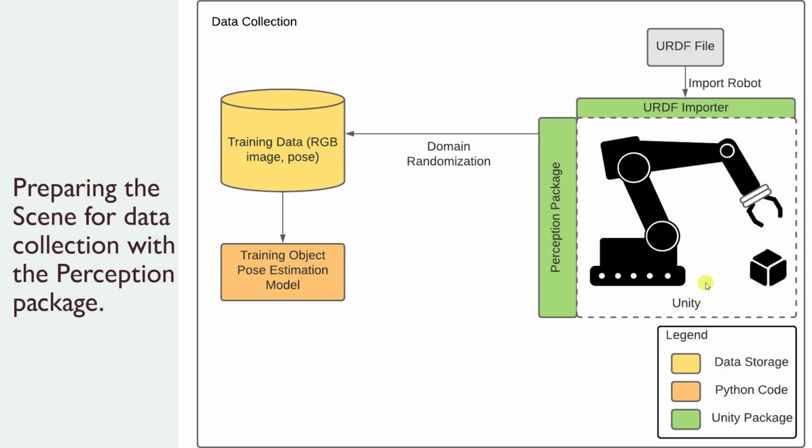So here it is important to know that the first thing is a Unity package. The second thing is specific algorithms that have to do with data storage, and finally we have Python code in order to develop our final algorithm. So let's go on with the Unity.